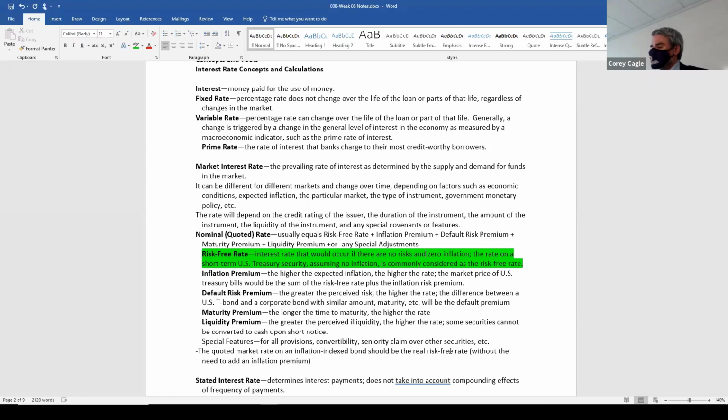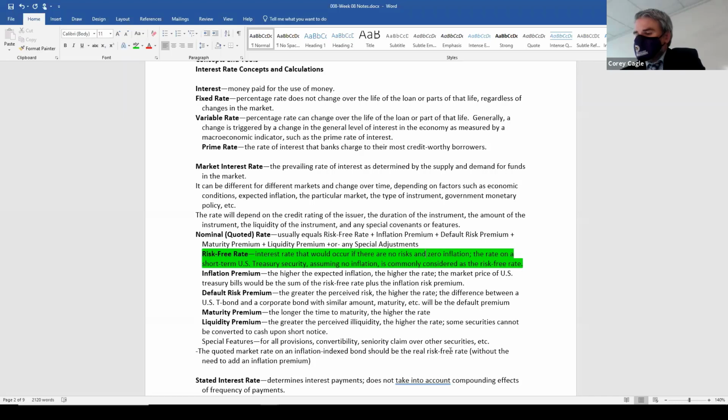That's how we approximate the risk-free rate. Good to know. So if you see what they're charging on government securities like that, that is the risk-free rate. You consider the government to have very little risk that they'll default on the loan, right?